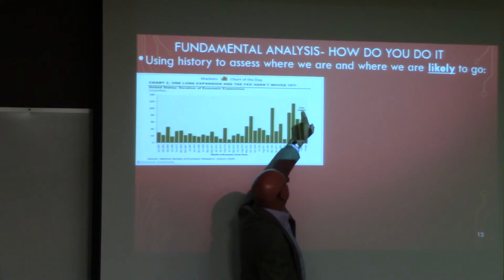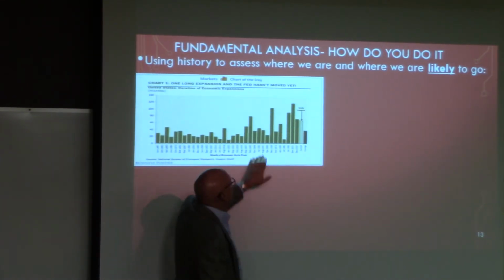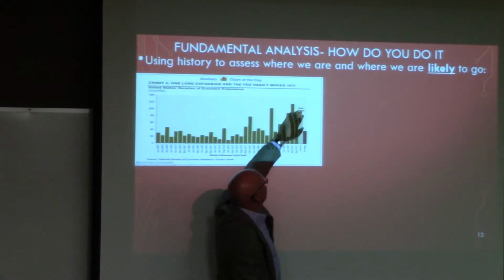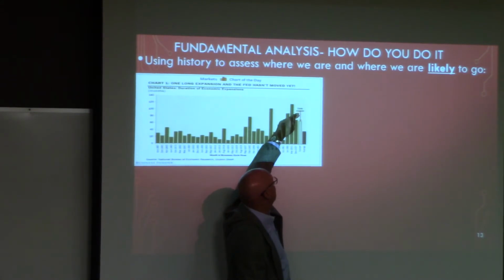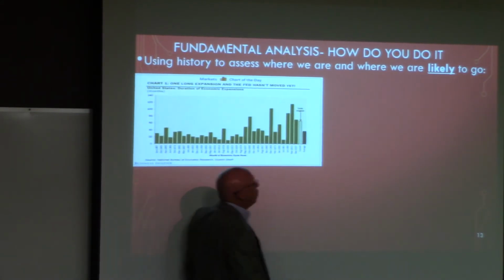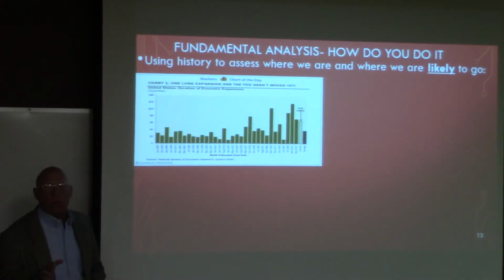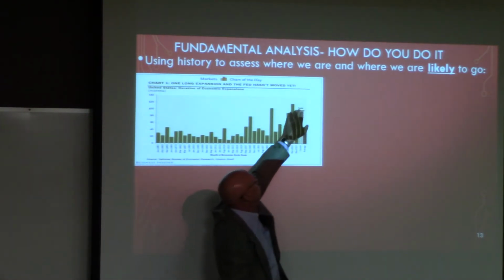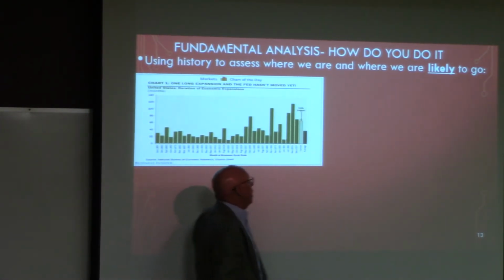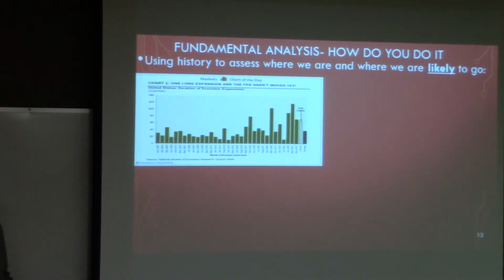So where are we today? We're somewhere up in here. The longer our cycles go, you can see whether we're likely to maintain the cycle or whether things are getting late. And so we're way up here now. We're late in the cycle. Chances are we're going to have a recession in the next couple of years.